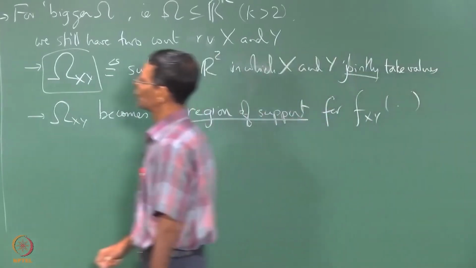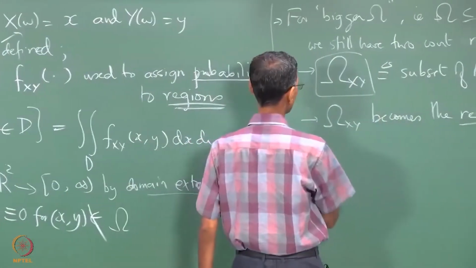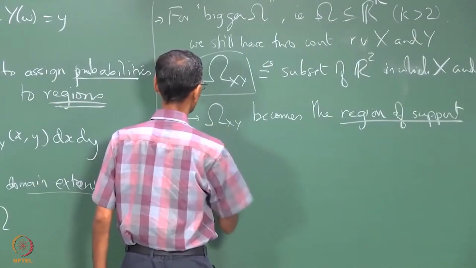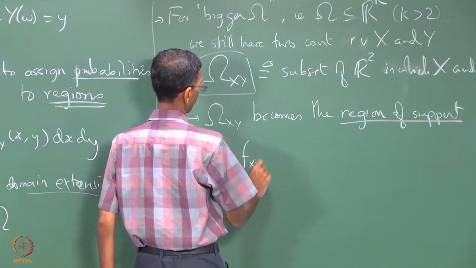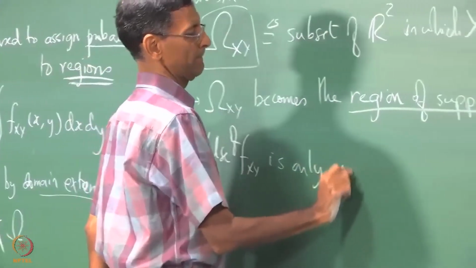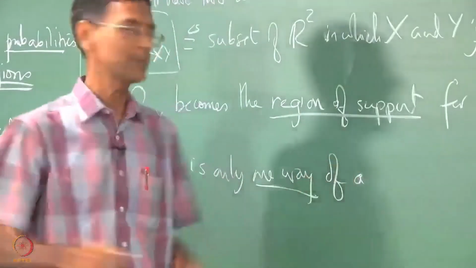So what is the limitation? The bottom line is that use of f_XY is only one way of consistently assigning probabilities.